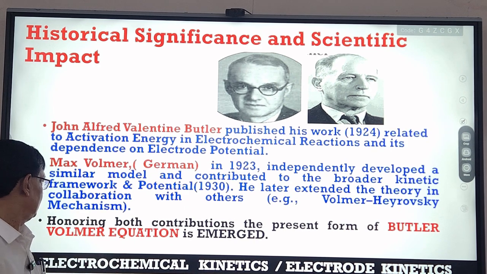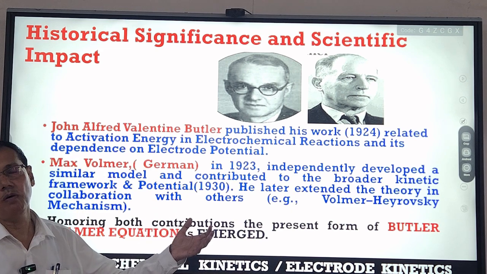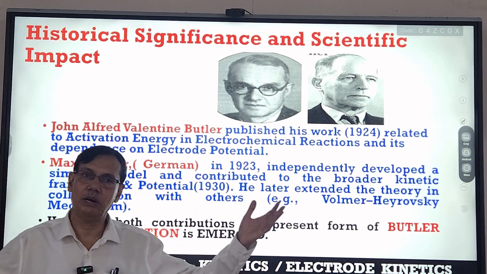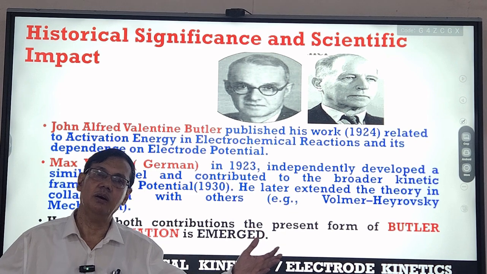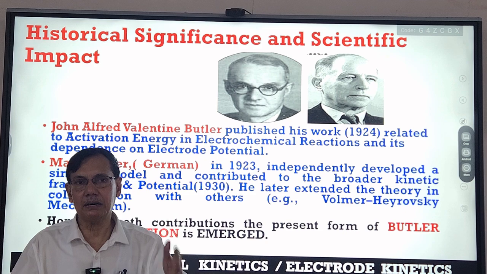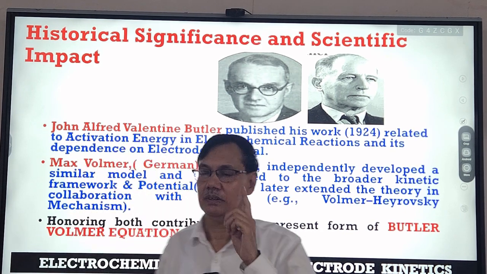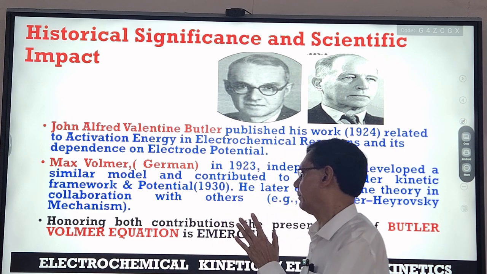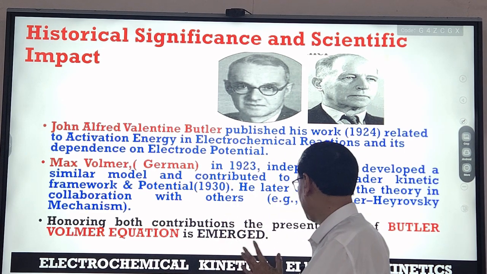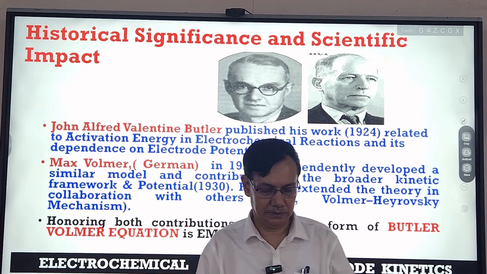Honoring both contributions, because they did the work independently, the present form is the Butler-Volmer equation. In one sentence, we are concerned with electrochemical kinetics, or sometimes we call it electrode kinetics.